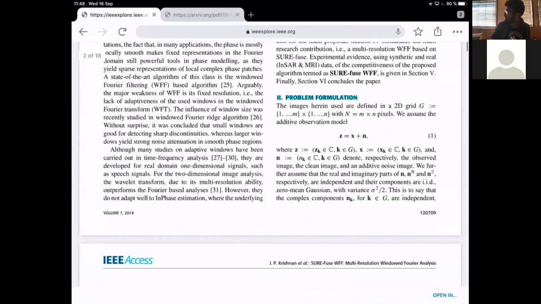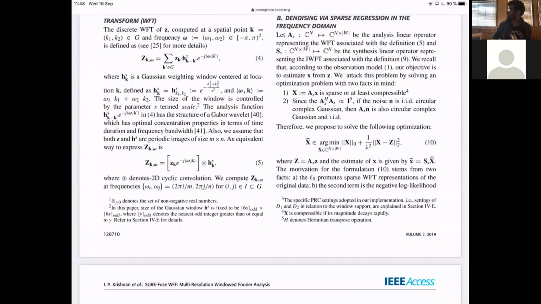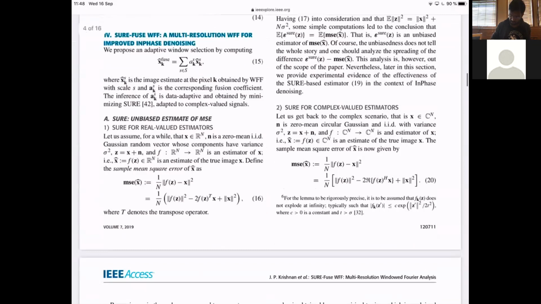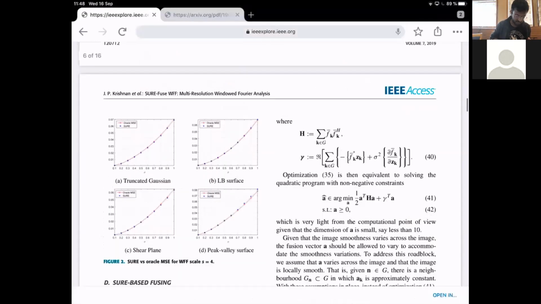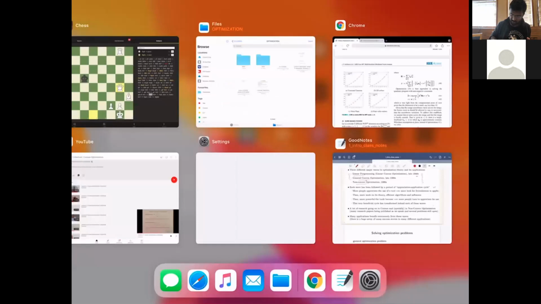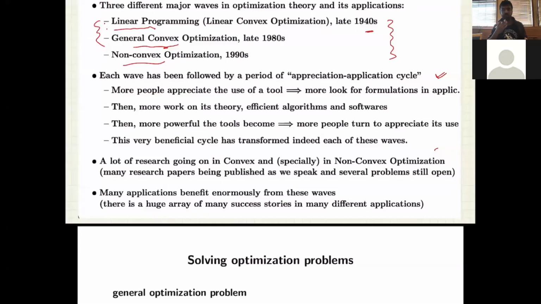Here, equation 10, there is an optimization problem. Equation 41, you are solving an optimization problem. You can see there is an objective function and a constraint here, right? A is positive. This is a constraint. So don't go into detail. I just want to motivate you that almost everything we do is related to optimization.